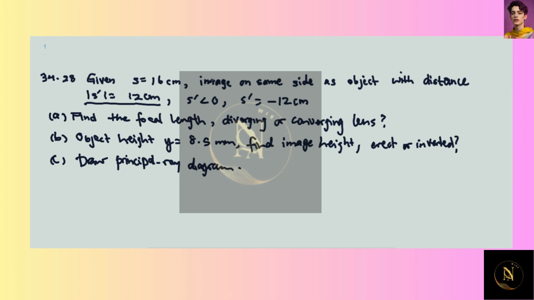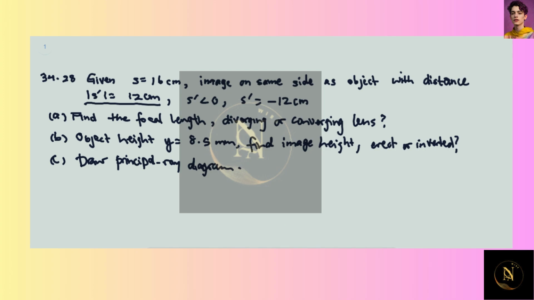If S prime is on the side of the incoming light, or the side of the lens from which the light is incoming, then it is negative. If it's on the side of the outgoing light, then it's positive. So this was the sign convention that was set up earlier in the chapter.